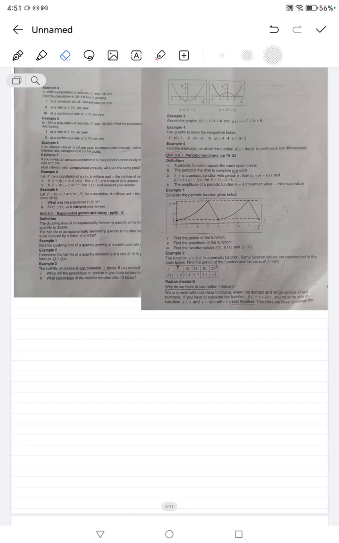So the properties for base e. What's the first one? Let's say you have something where they've given you e to the exponent x multiplied by e to the exponent y. Then you know this is the same as having e to the exponent x plus y.